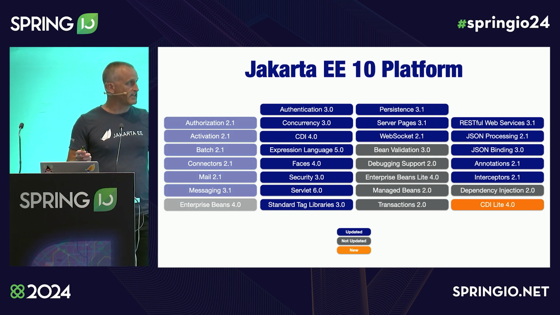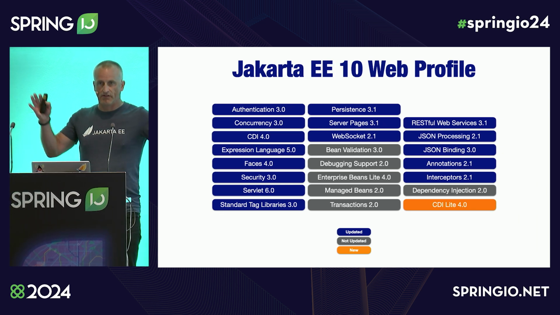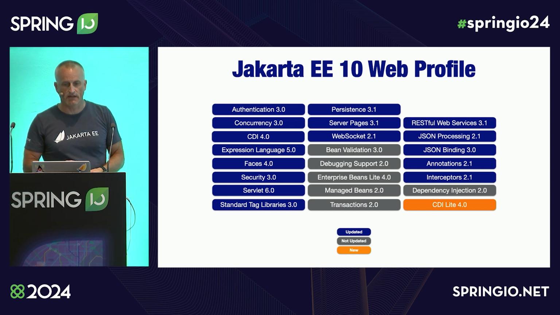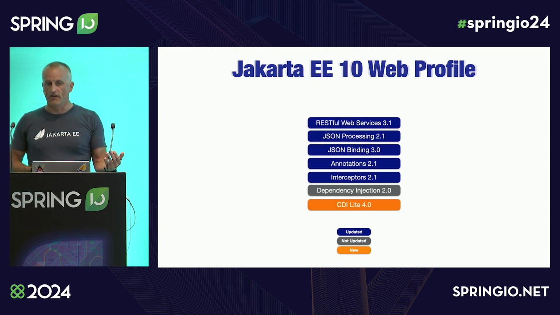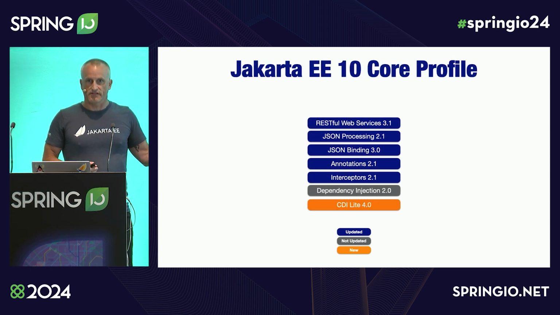And we also have a smaller version of the platform, which is the web profile, which is more the traditional web applications. And we even introduced an even smaller profile, which is called the core profile. And the core profile is targeting microservices.